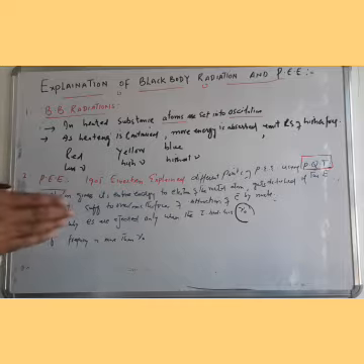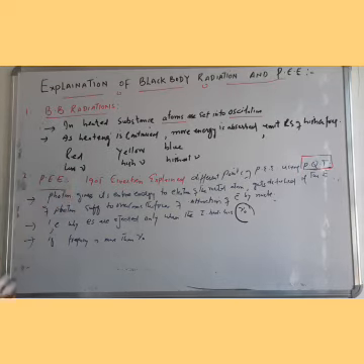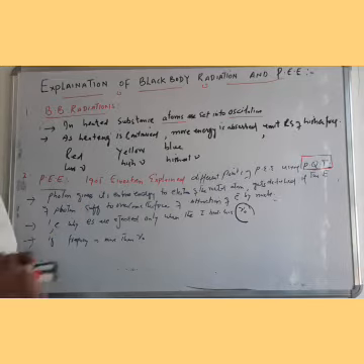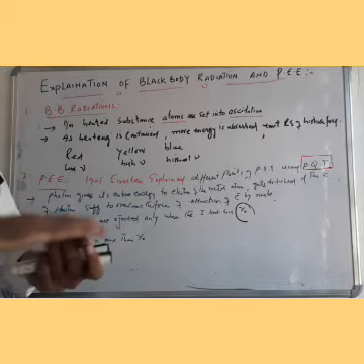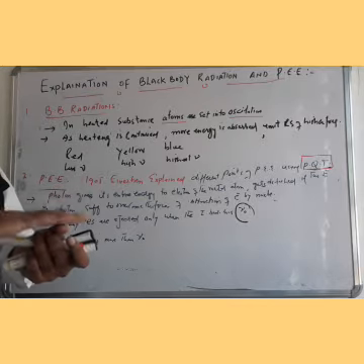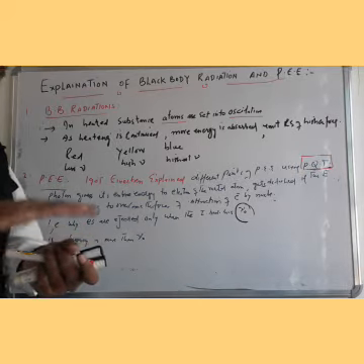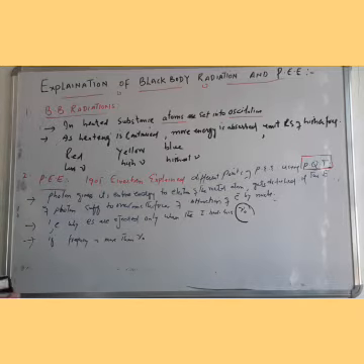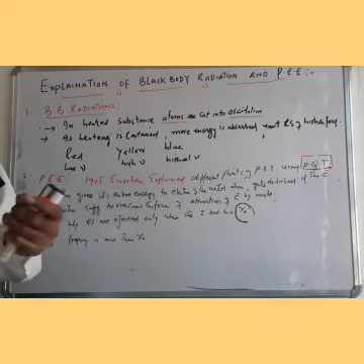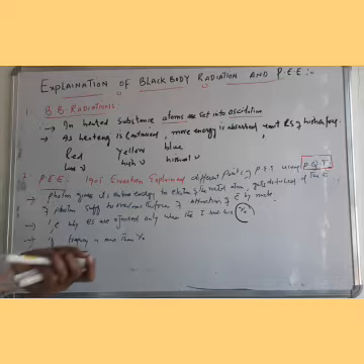How do these electrons get ejected? We are going to explain this. When a radiation of certain minimum frequency known as threshold frequency strikes the metal surface, we know that radiation is made up of a stream of particles called photons.